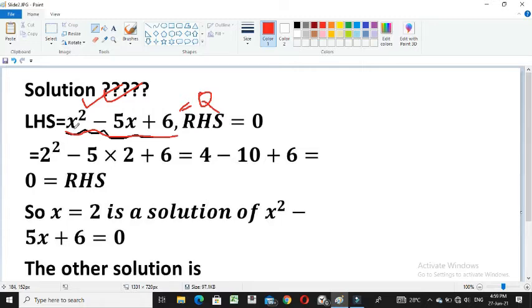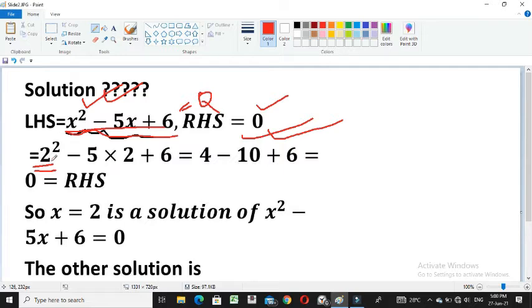It means if you put that value in place of x, then whatever is there on the right hand side, you must get that right hand side. So in the present problem, the right hand side is 0. So we have to get 0 after putting that particular number. I know that one value is 2, which means one root or one solution is 2. So I put 2 in place of x.